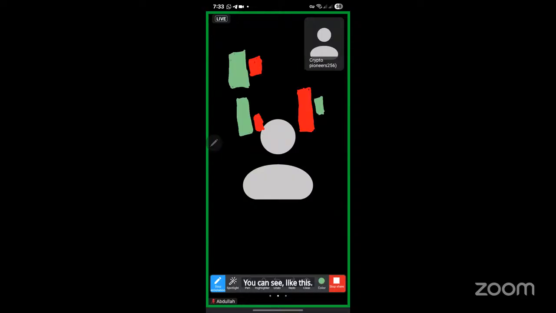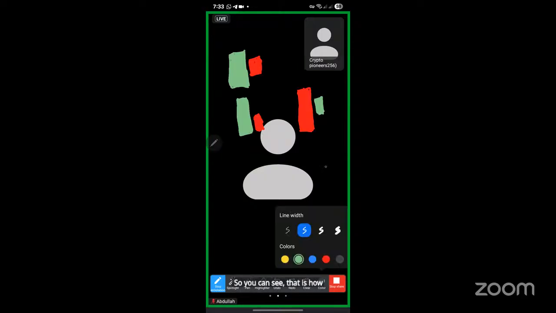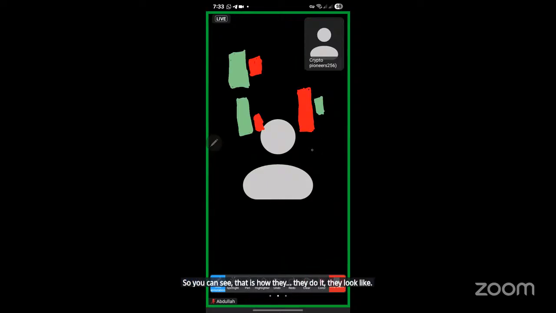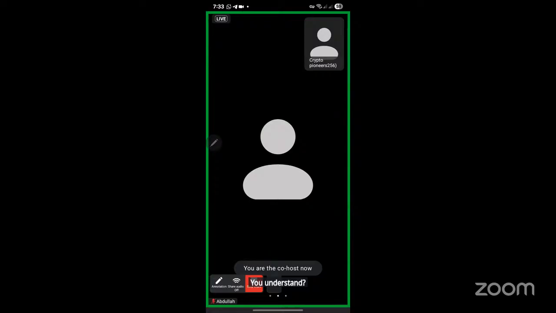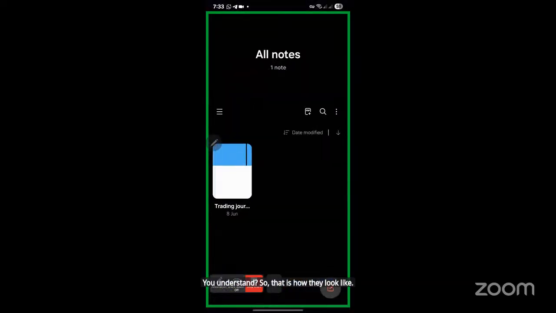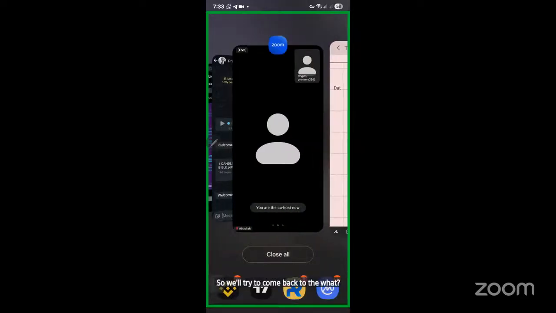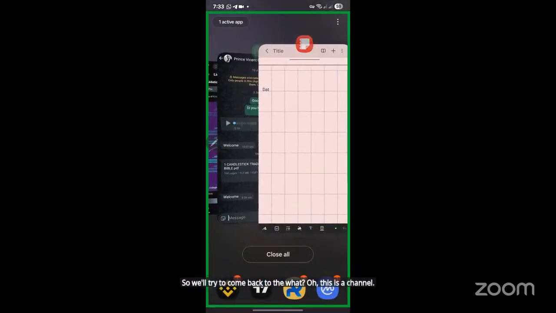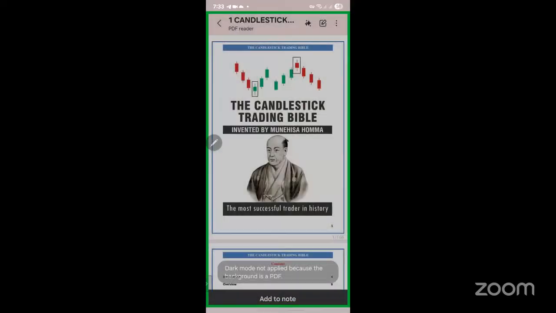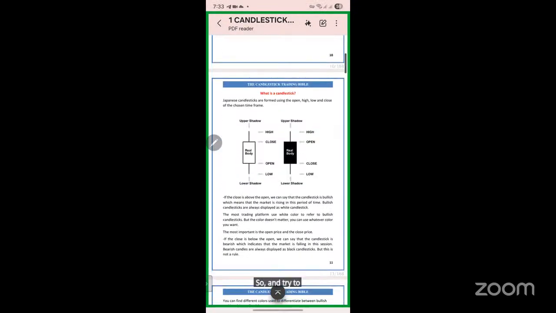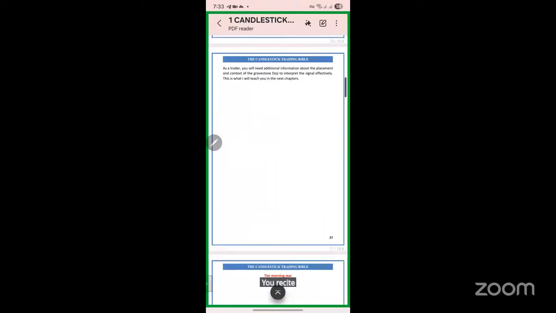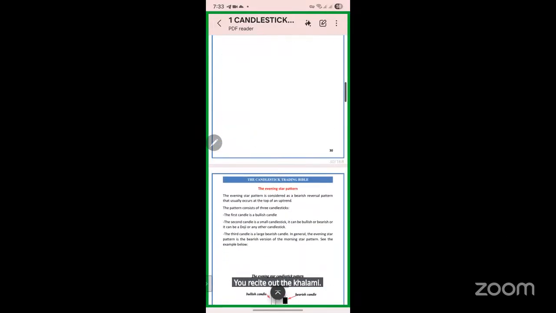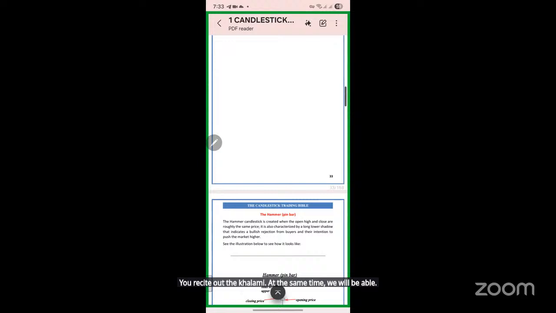You can say that is how they look. Try to look back here, and you will see the difference between the two. You will be able to spot the harami, and at the same time sort out the engulfing.